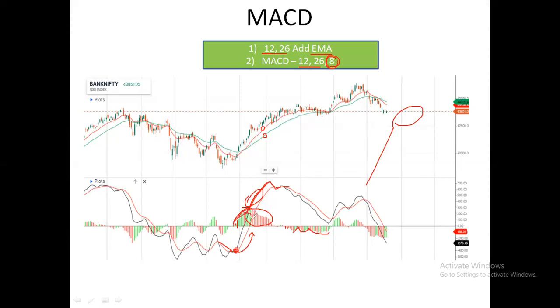The clean solid green is like a momentum, and as soon as it is turning into the red, the momentum is less or volume is less. Zero is on the neutral side, below zero is the seller side, and above zero is the buyer side. Though it's on the buyer side, the momentum is not there.